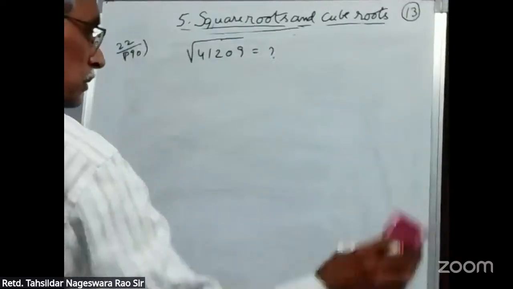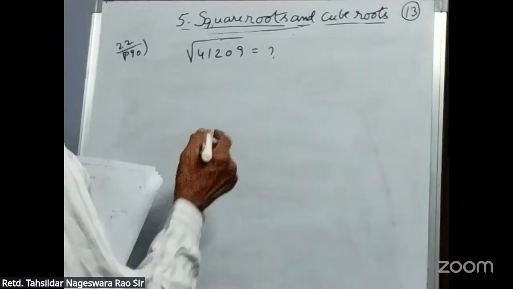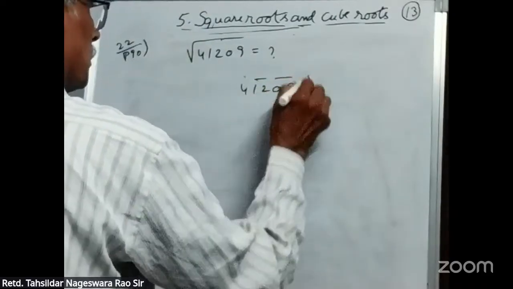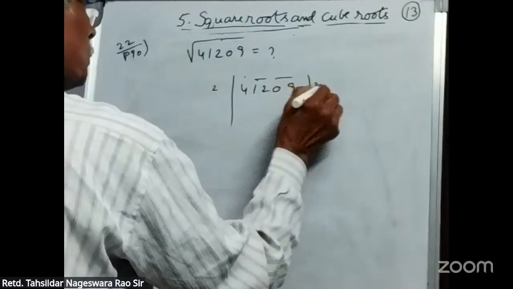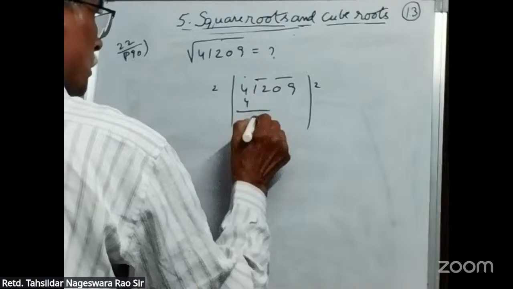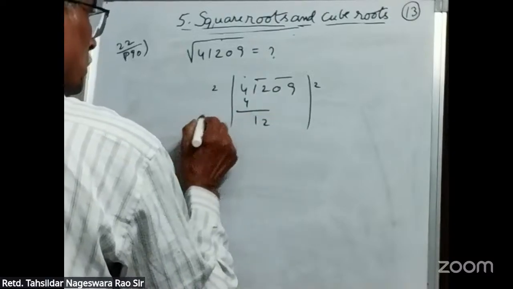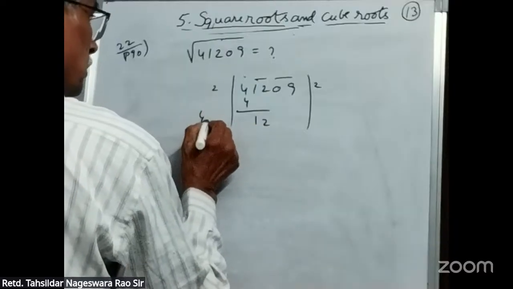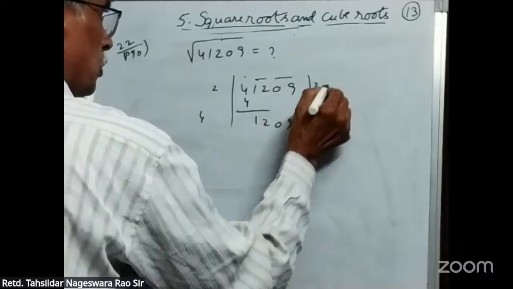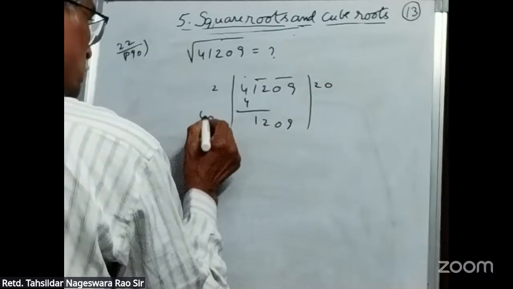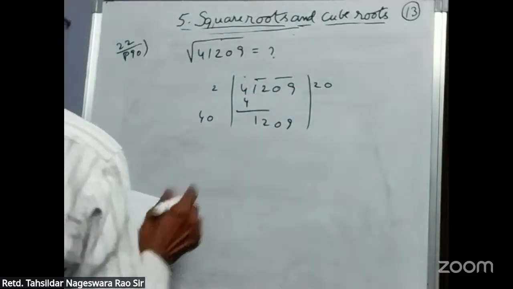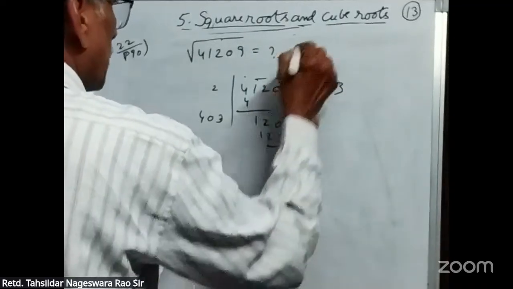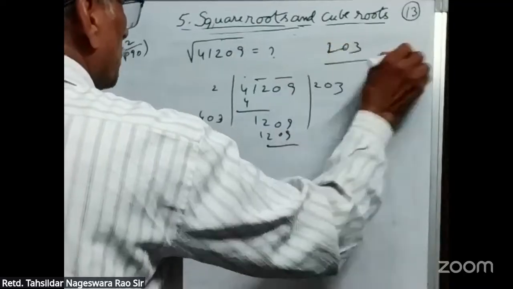Only for practice purpose I am doing it. 41,209, two terms. 2, 2 and 4, 12, double 2 is 4. Even 1 is not sufficient for 109, so keep 0 here. So now it is 40. Continue, double 40. It will be 3 times 109. Thus our answer will be 203. That's all.